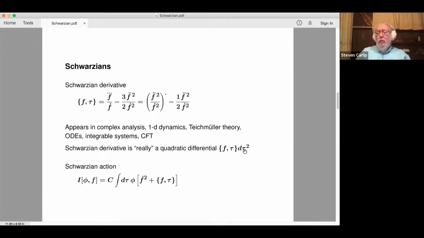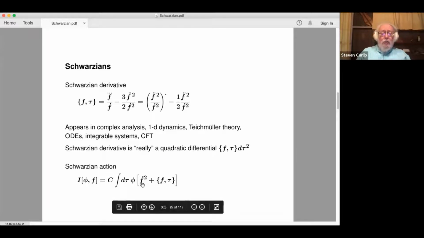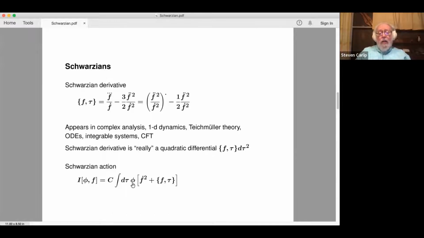The Schwarzian action, the one that shows up in this work of Maldacena et al., is basically just an integral of f dot squared plus the Schwarzian derivative times an extra scalar field, which acts as a Lagrange multiplier. This appears in various forms. If you change variables, you can get rid of the f dot squared, but that's the basic quantity.